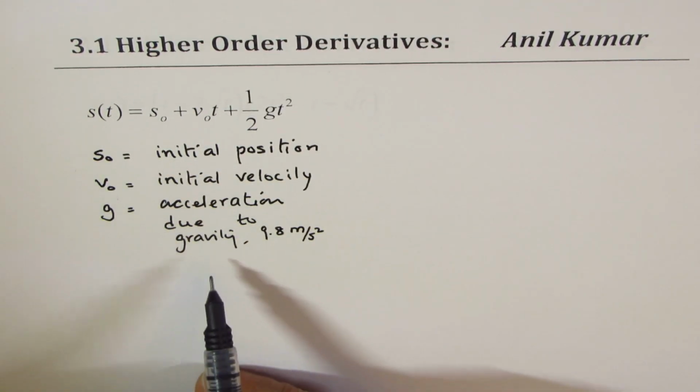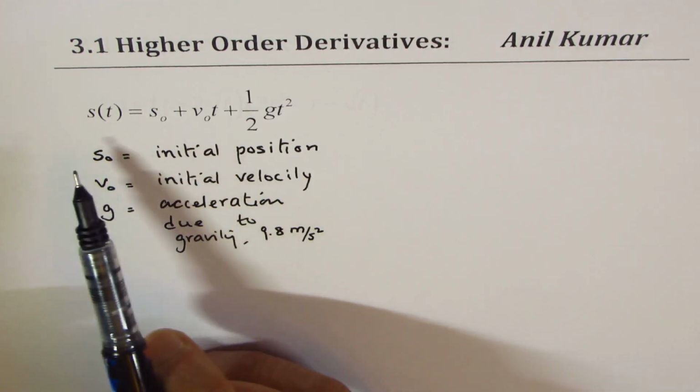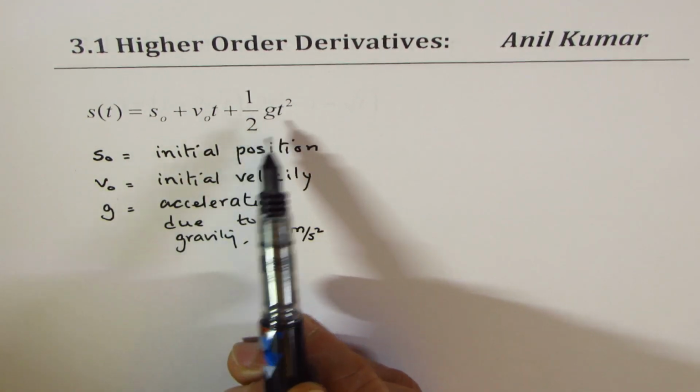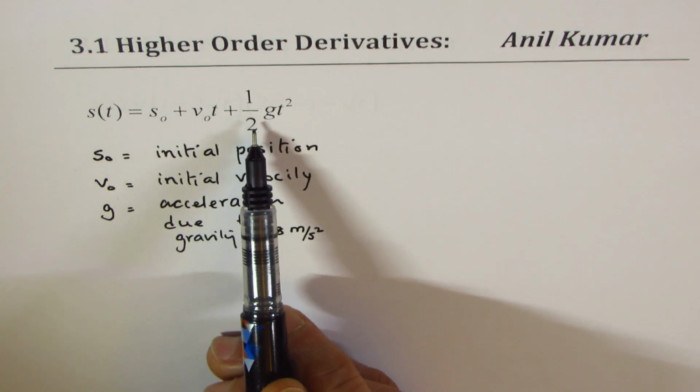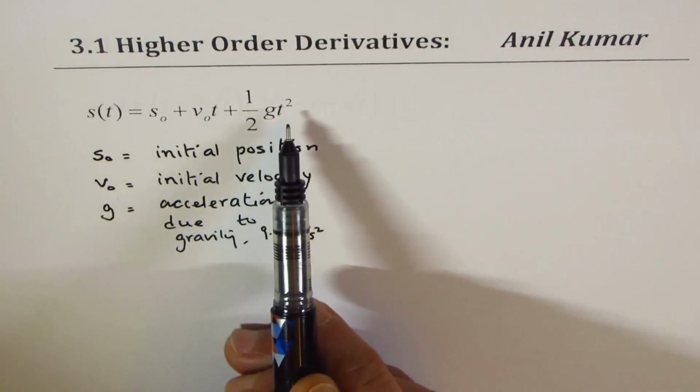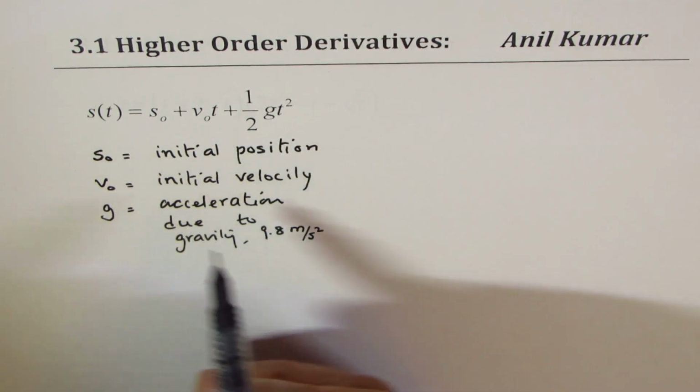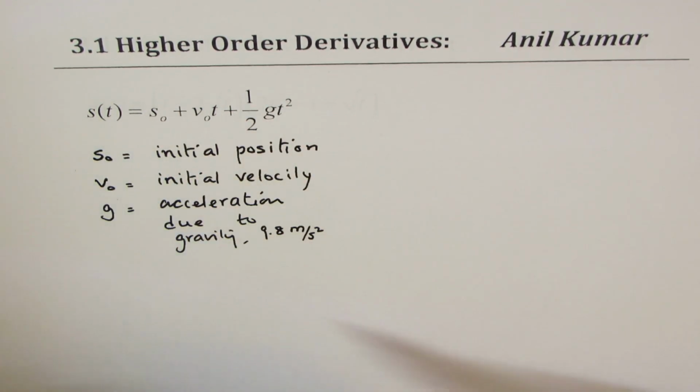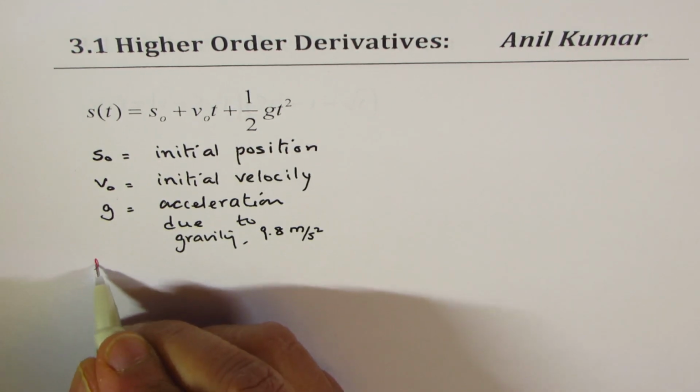Now I think it becomes easier to find the derivatives of this function, since we know these are constants and the only variable here is time. Perfect. Normally when we consider this equation, we are actually trying to understand a question which relates to the height of an object.